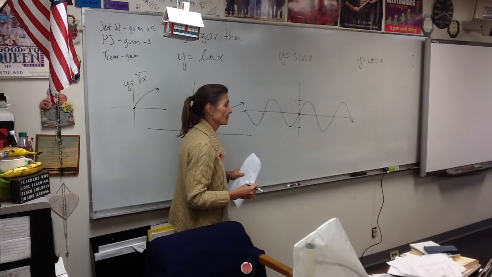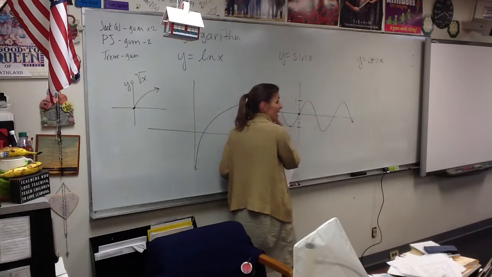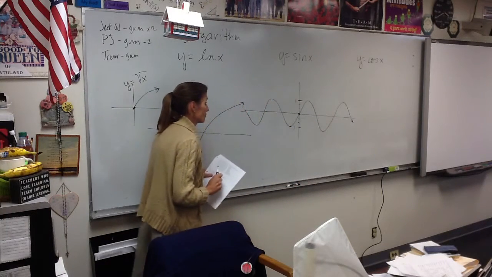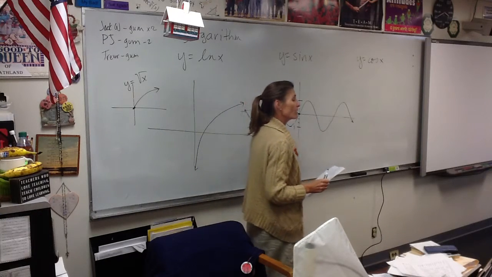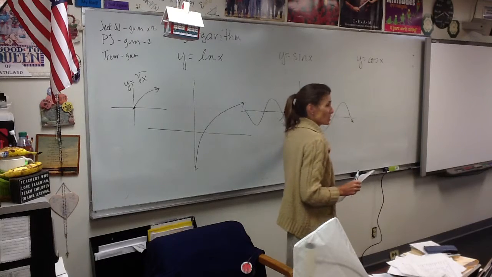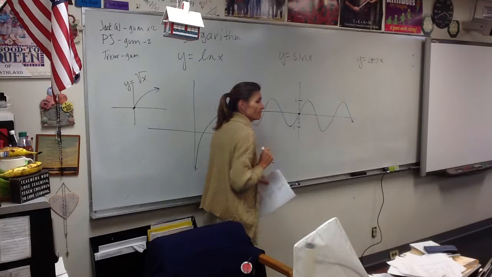Can it cross the x-axis? It crosses the x-axis a zillion times. As we get into our trigonometry, we will learn where it crosses the x-axis, but right now, just have that shape. It is important, though, that you're going through the origin.